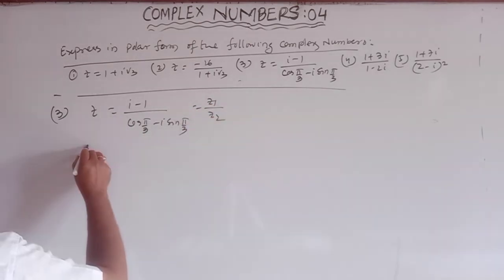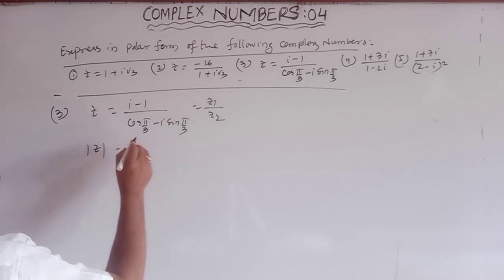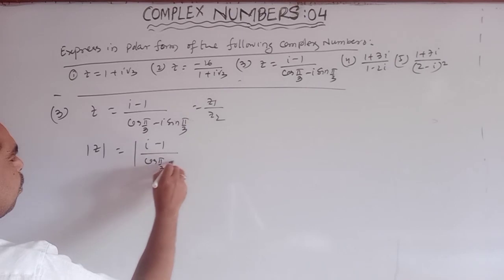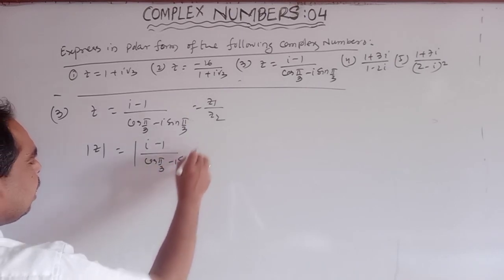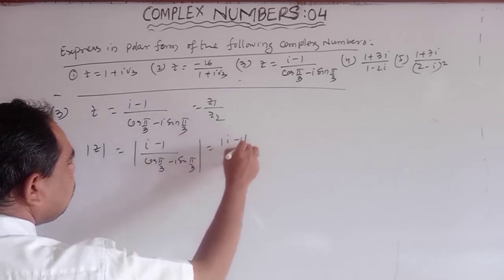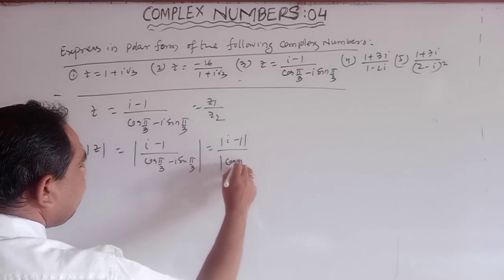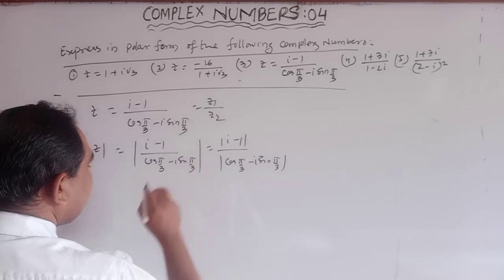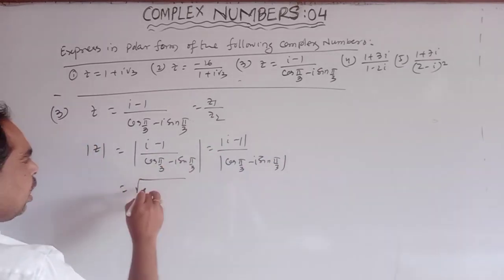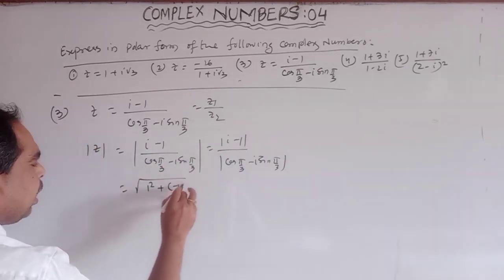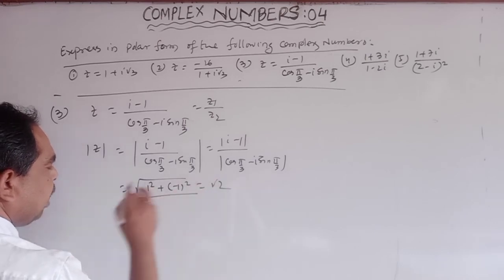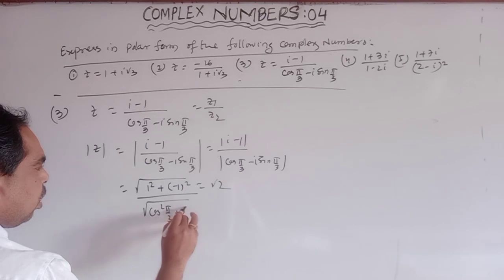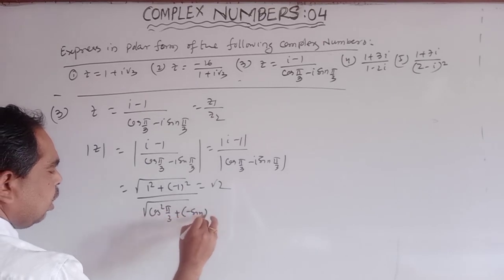First find mode of Z. Mode of Z means mode of i minus 1 divided by mode of cos pi by 3 minus i sin pi by 3. So this is square root of 1 square plus (minus 1) square, that means root 2, divided by square root of cos square pi by 3 plus (minus sin pi by 3) square.